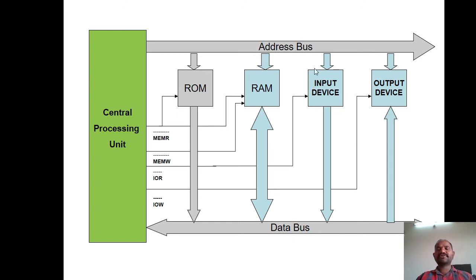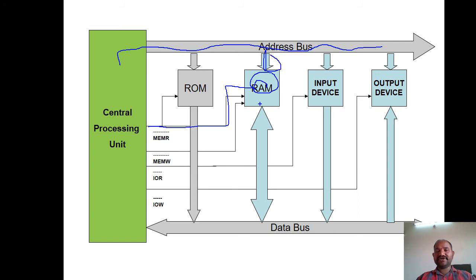Let us suppose I would like to perform the read operation with respect to the RAM. First the CPU places the address on the address bus. The device having that address, which we are interested in for the read operation, receives the read signal, so the RAM receives the address from the address bus.